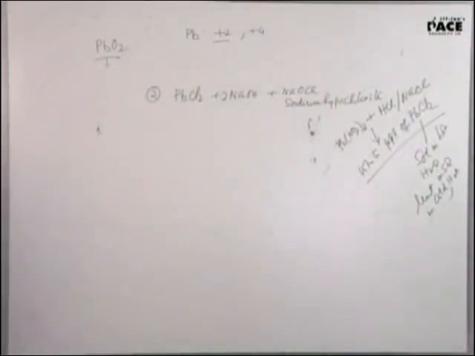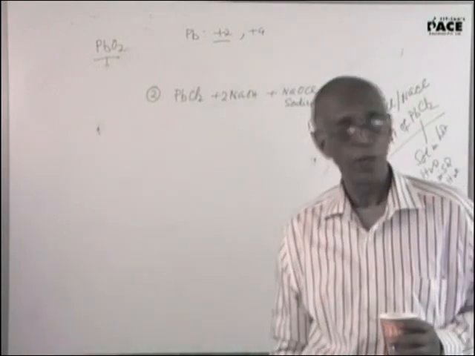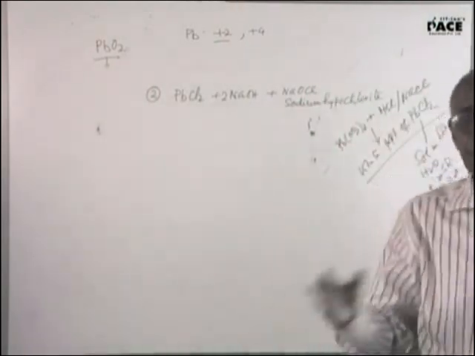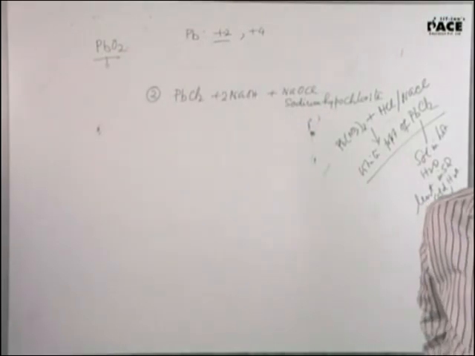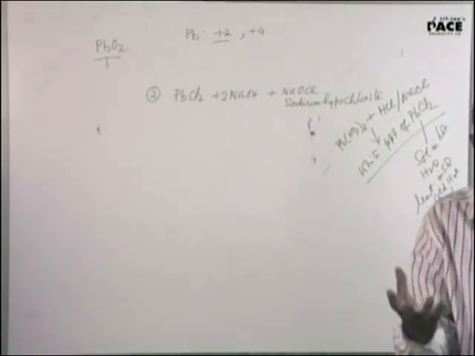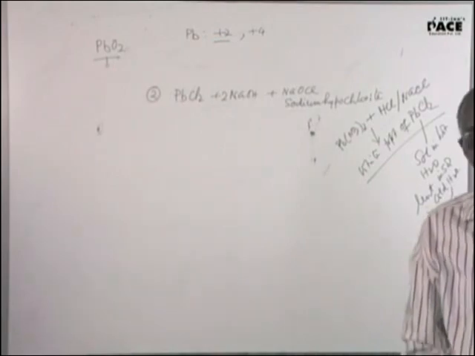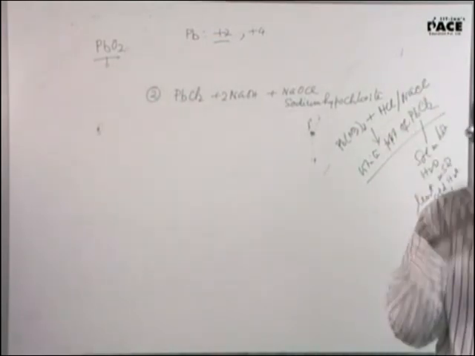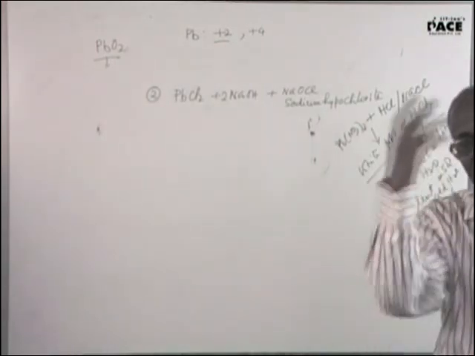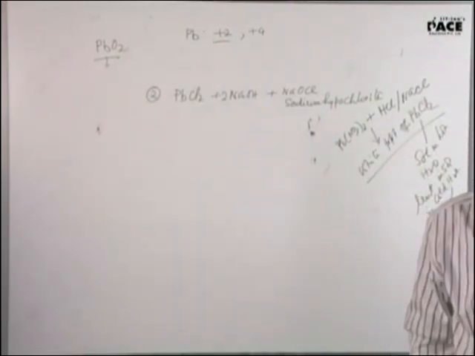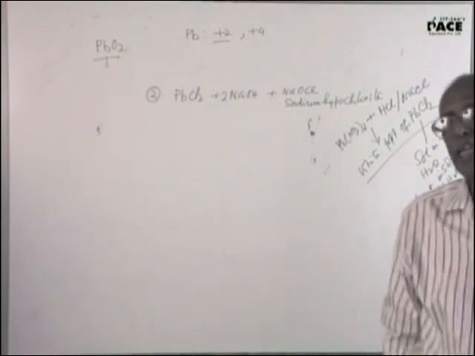It is insoluble in cold water, but if I warm it, the precipitate will dissolve in hot water. When I cool it, again the precipitate will come back. And that is a test for lead chloride.